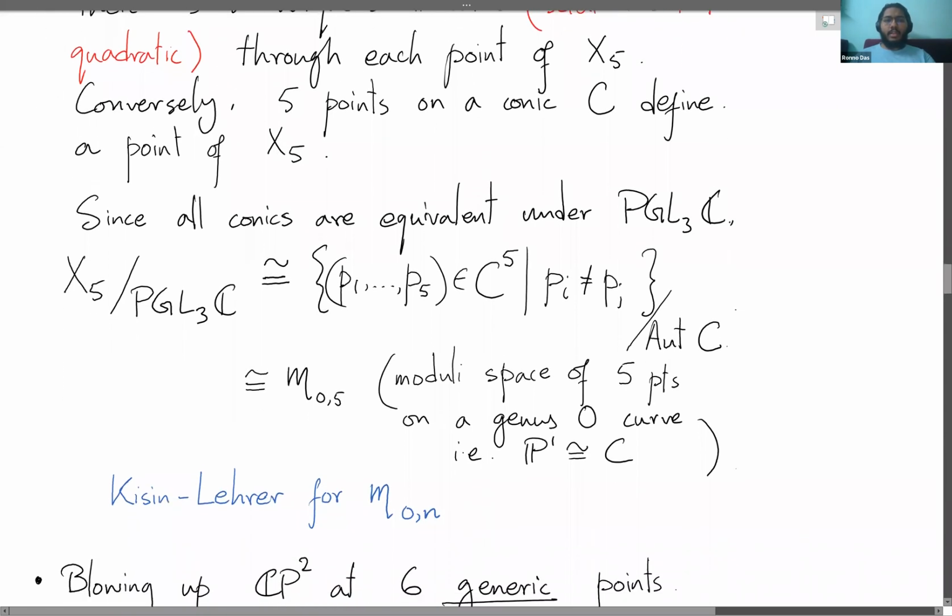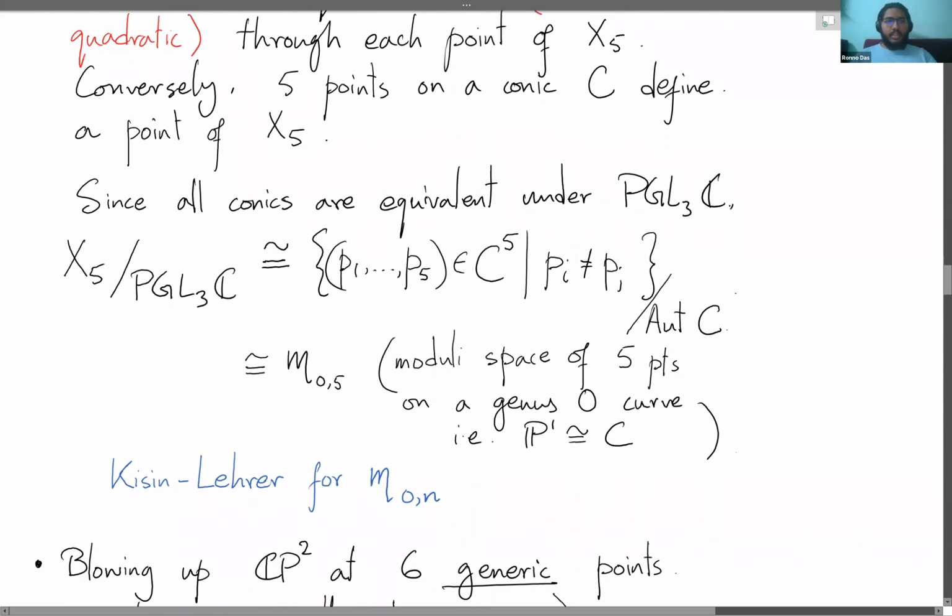So therefore, if I go modulo this PGL3 action, so this is F5 on the left, that's the same as just 5 distinct points on a conic, modulo the automorphisms of the conic. Since a conic as an algebraic space by itself is the same as a P1, this is the same as the moduli space of 5 points on a genus 0 curve.